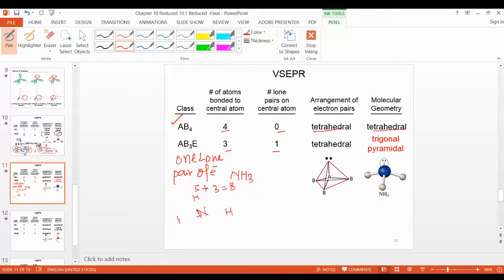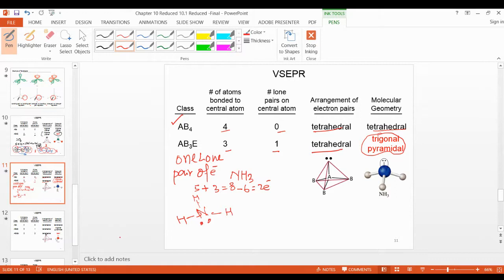You can put them apart from each other. You will make a single bond. There are 3 bonds, NH3, 6 electrons. So minus 6, how many electrons left? 2 electrons. These 2 electrons you put on nitrogen. Because of this electron pair, the geometry changes from tetrahedral to trigonal pyramidal.